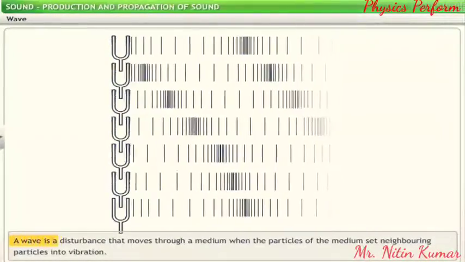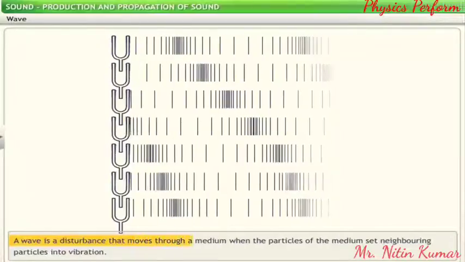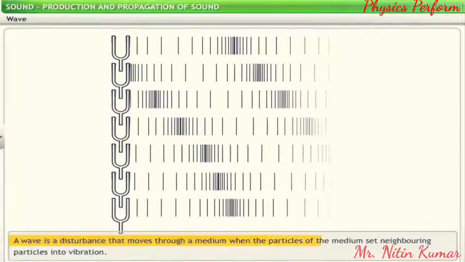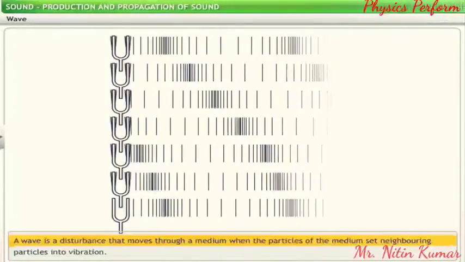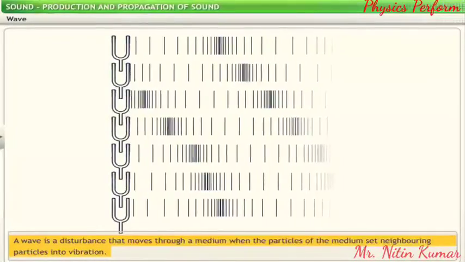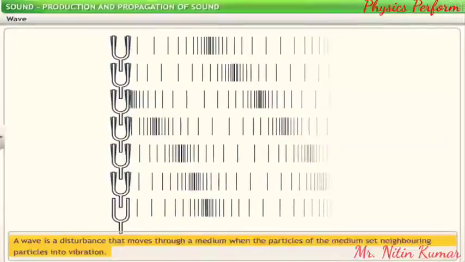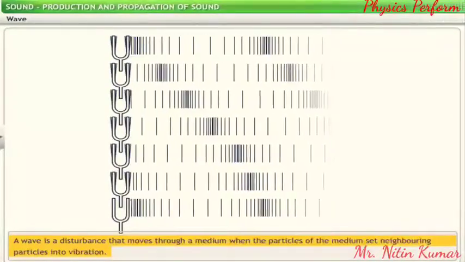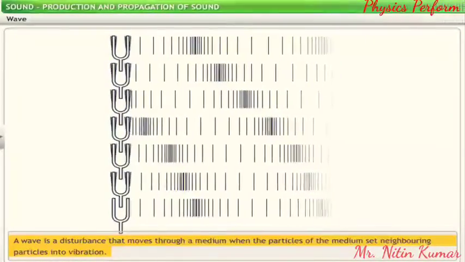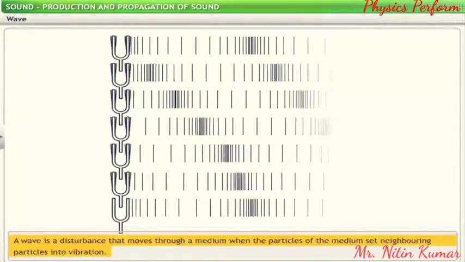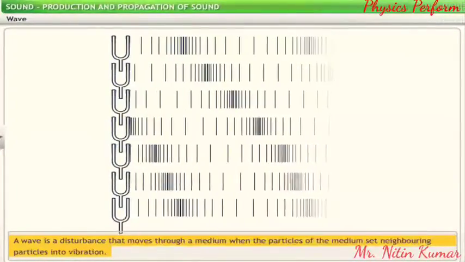In other words, a wave is a disturbance that moves through a medium when the particles of the medium set neighboring particles into vibration. Therefore, we visualize sound in the form of waves. Air is the most common medium through which sound propagates.